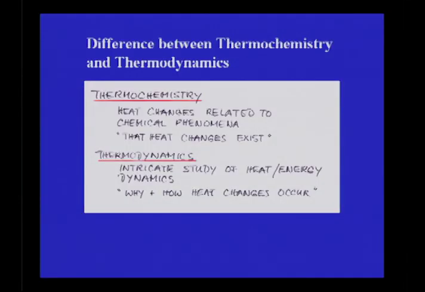In order to quickly tell you what the difference is between thermochemistry and thermodynamics, we will look at these concepts quickly. Thermochemistry is practically observing the phenomena and doing some simple calculations with these heat exchanges.